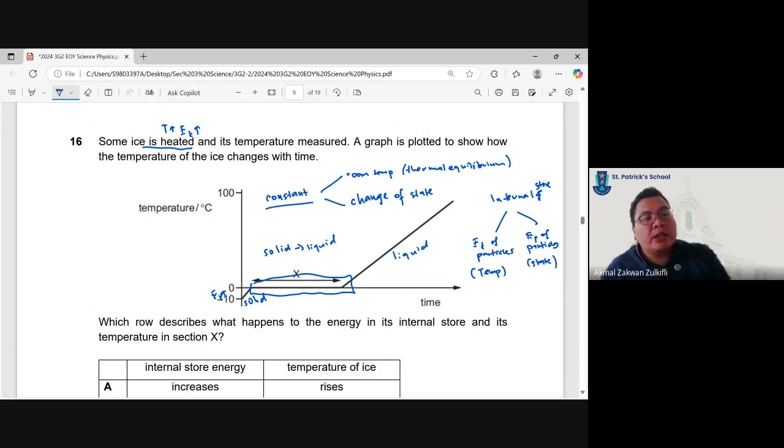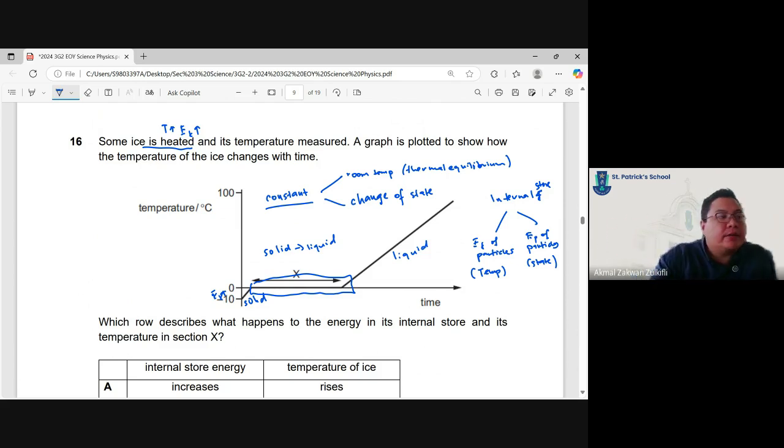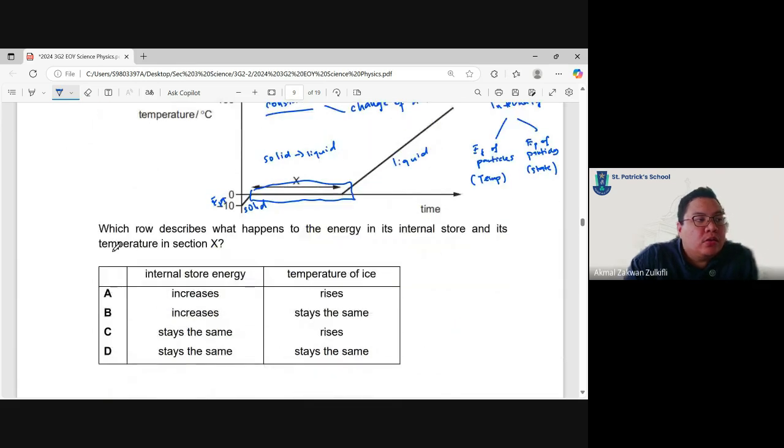So is there a change in state? There is a change in state, and it's being heated up. That means energy is being transferred into the internal store. So the potential energy is actually increasing. Internal store actually increases during this time X. But you can see that the temperature remains constant. Because it stays the same, we know that the EK also stays the same.